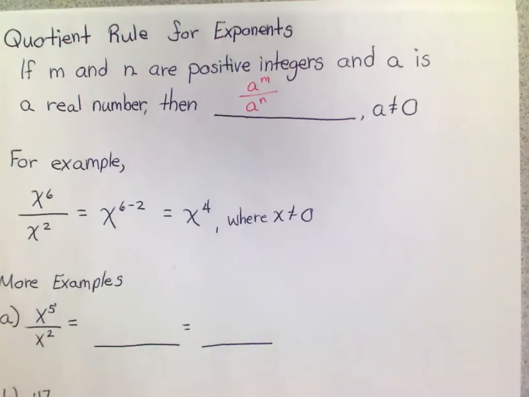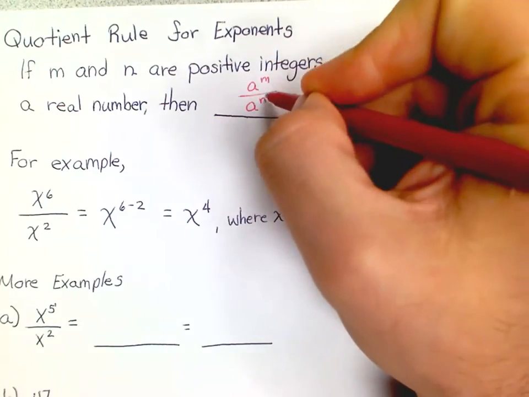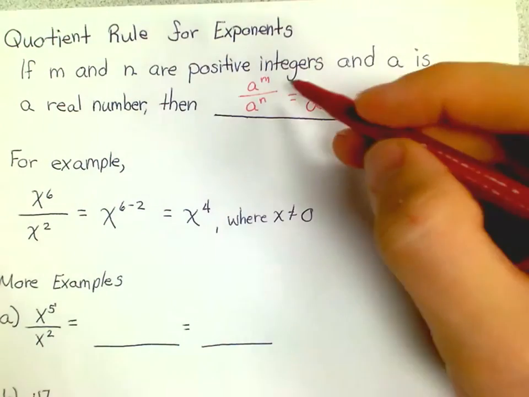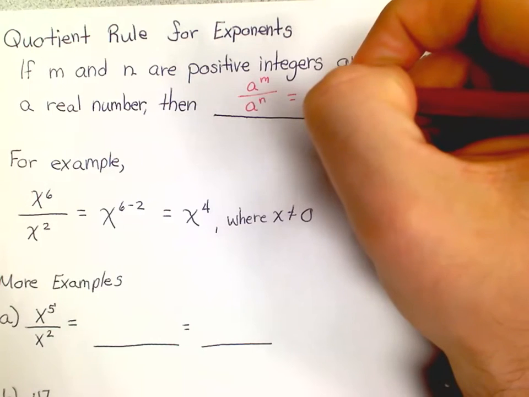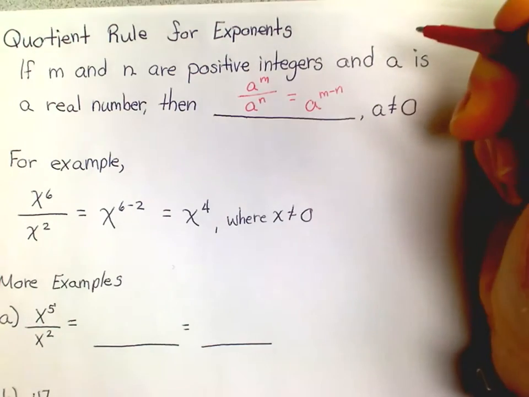And what does that mean? Well, let's just subtract the exponents. So it is equal to a to the m minus n power.